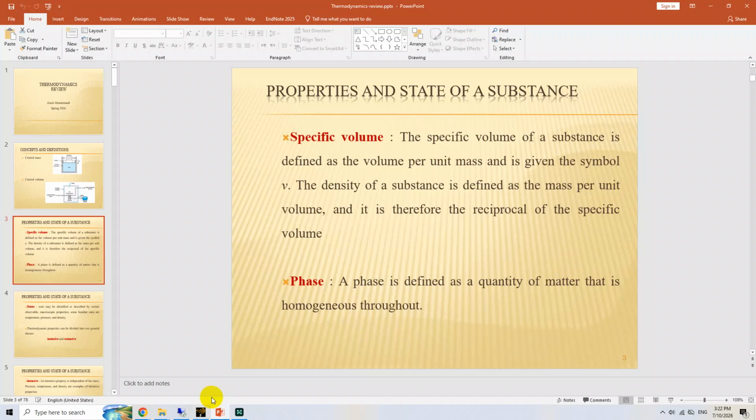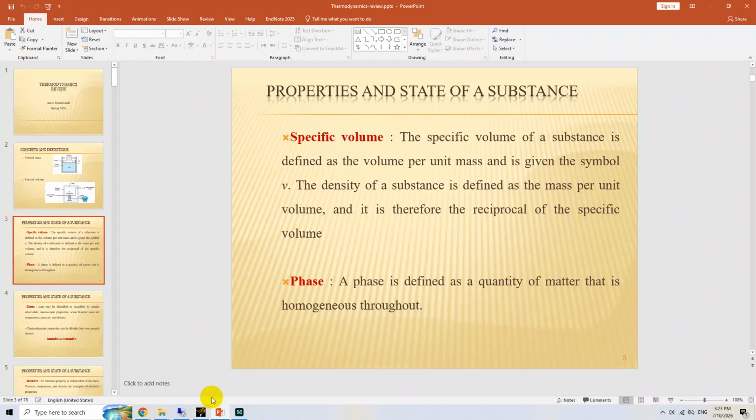The other definition is phase. Phase is defined as a quantity of matter that is homogeneous. Homogeneous means in all the system we have the same chemical formula for the matter.